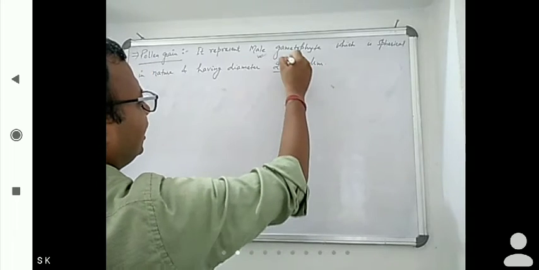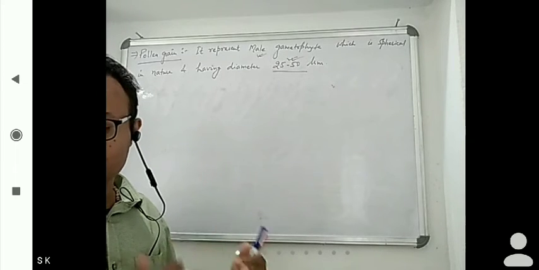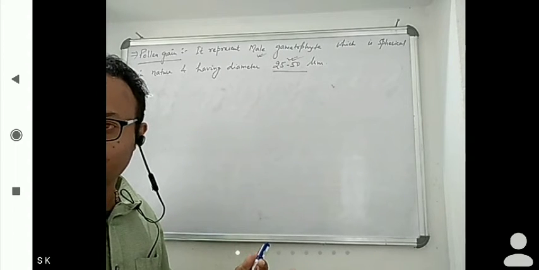Okay, this you have to remember. What is the size of pollen grain general condition? 25 to 50 micrometer. Okay, now this pollen grain having cell wall, this pollen grain having what?